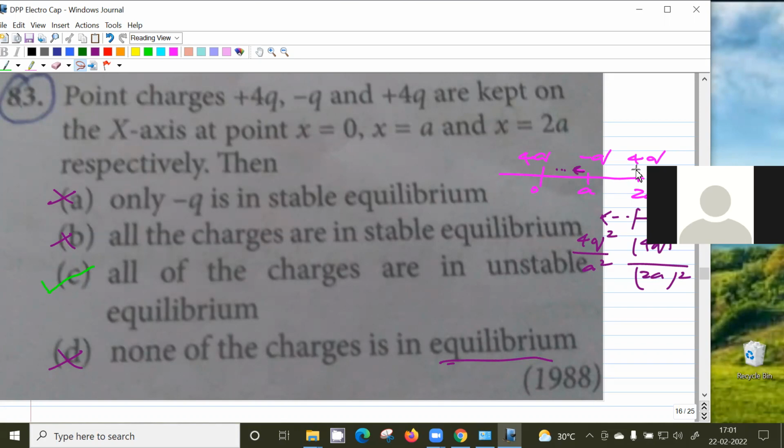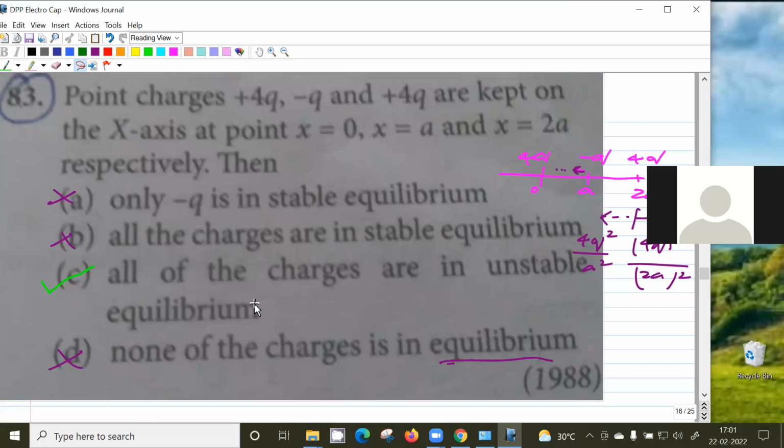You just have to disturb it very little, by a distance dx. Okay, so that you have to figure out, because this 4q, if I move a little towards left, the attractive force due to this will increase, and this repulsive force also increases.